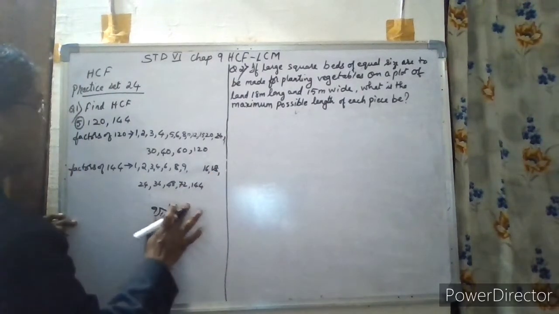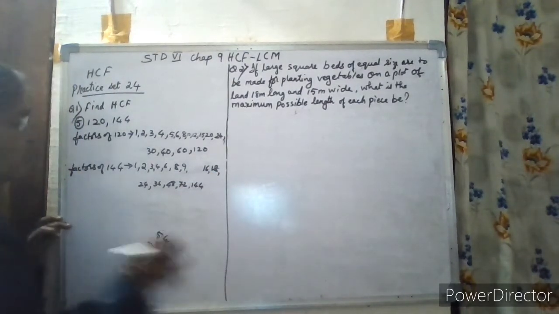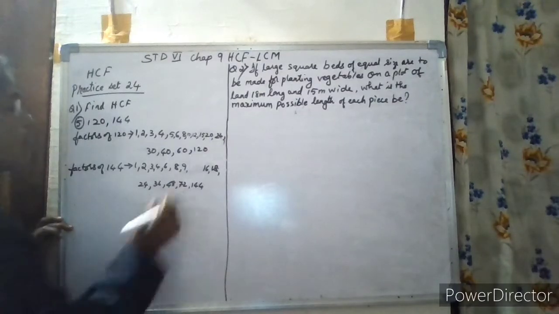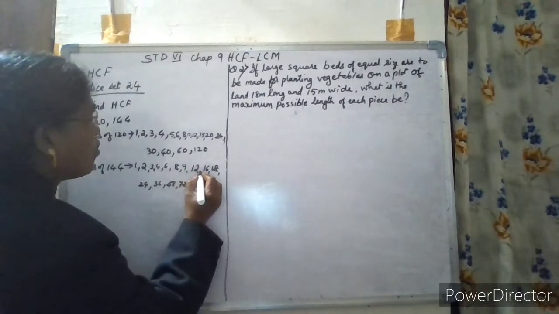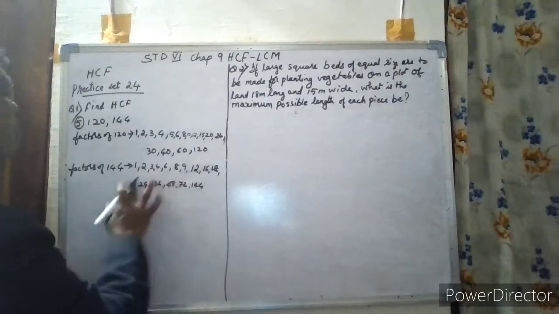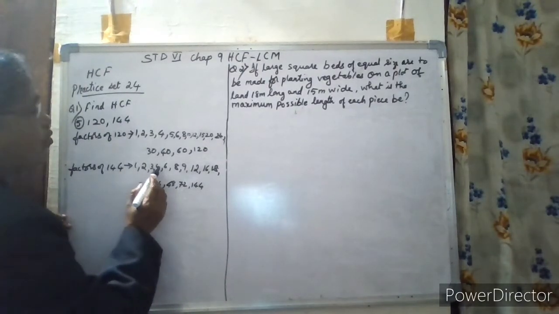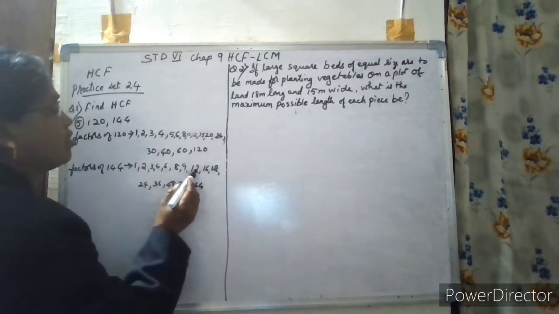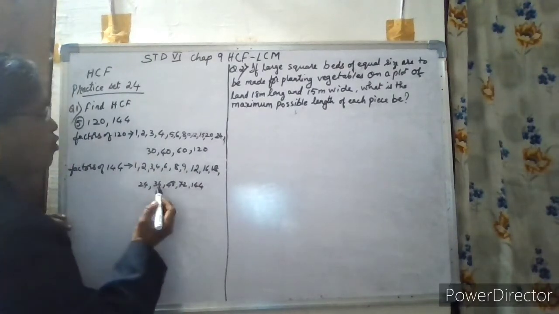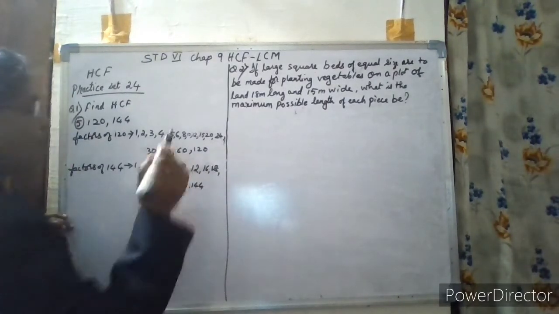Then 10s won't go, 11s no. 12s are 144. So we have got this many numbers, that is the factors of 144: 1, 2, 3, 4, 6, 8, 9, 12, 16, 18, 24, 36, 48, 72, 144.